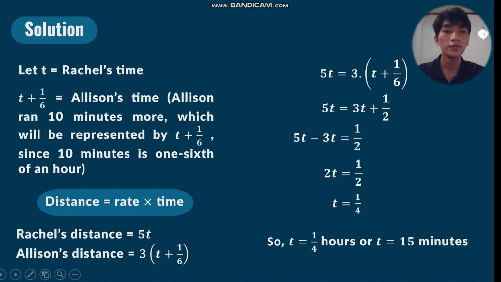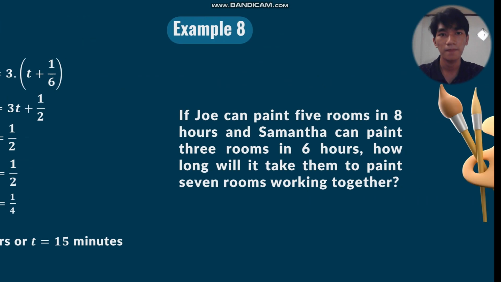So we have to subtract both sides by 3t, and we have 5t minus 3t, so 2t equals 1 over 2. So the value of t is 1 over 4. So t is 1 over 4 hours, or t is 15 minutes.